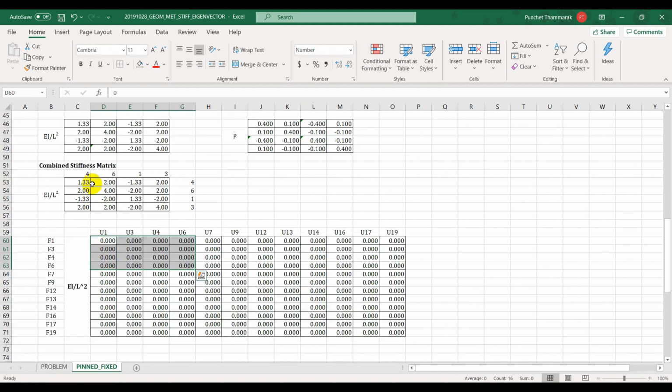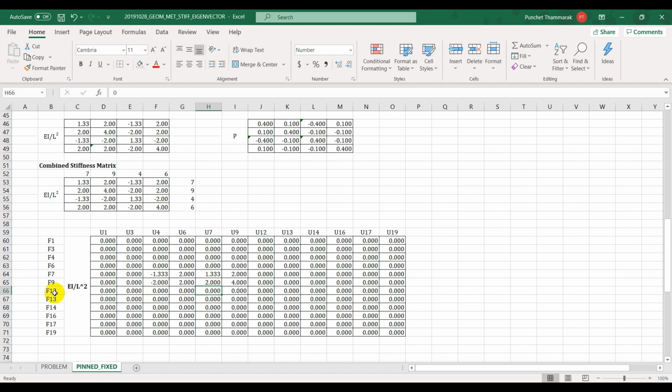7, 9, 4, 6. So 7 and 7, 7, 9, 4, 6, right? And then this is row number 9, right? 7, 9, 4, and 6.